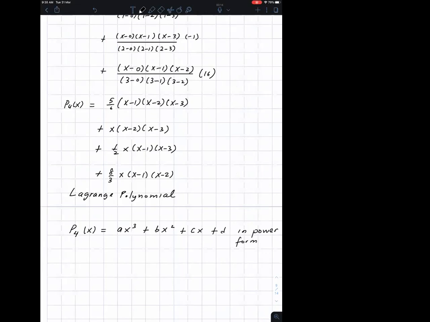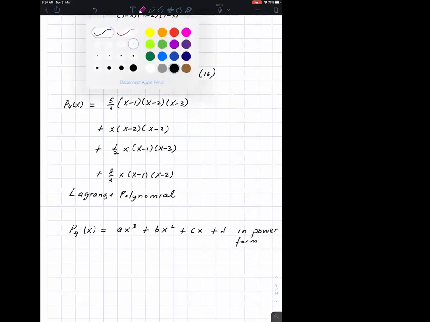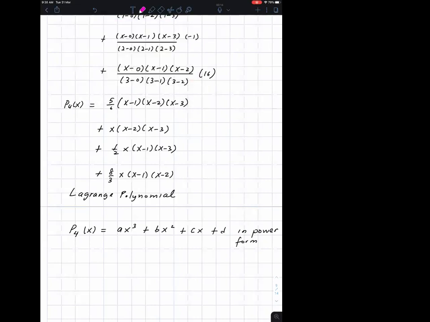To convert that to power form, you need to spend a lot of time doing the algebra. You don't have to really do that. If you can leave things in this format, it is sufficient. In polynomial interpolation, the procedure is important.